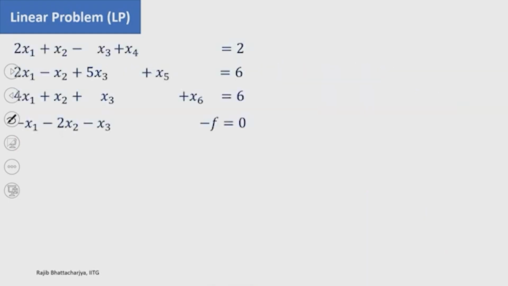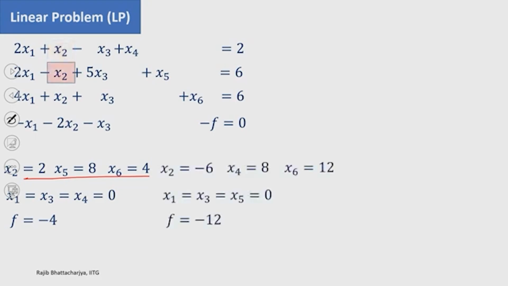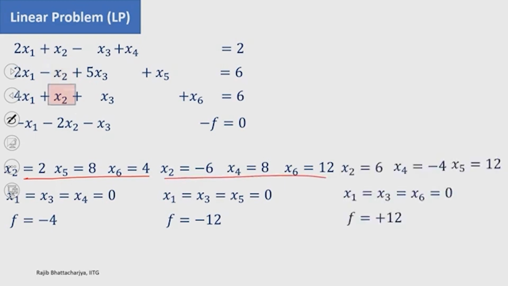So, if I summarize this, when we consider the x2 in the first equation as a pivoting element, we are getting this solution, and when we have taken x2 in the second equation, we are getting this solution, and when we have taken x2 in the third equation as a pivoting element, we are getting this solution.